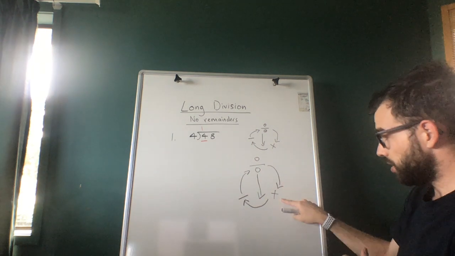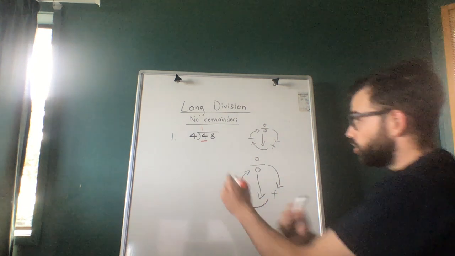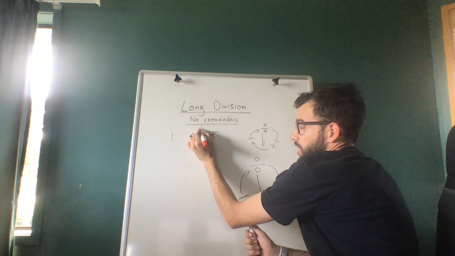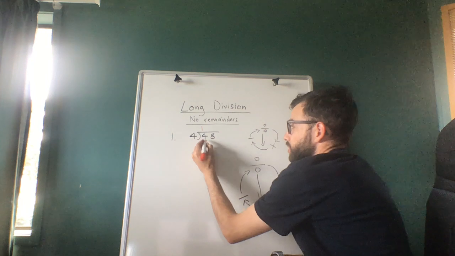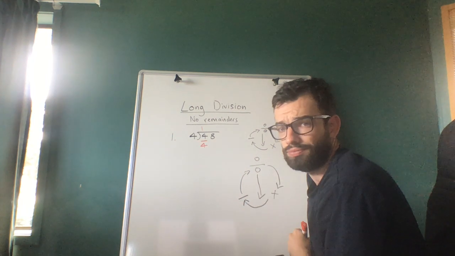The next thing on our diagram for doing long division is multiplication. So we then go 4, so the number on the outside, times 1. Okay, and whatever the answer is, we write it below there, 4.